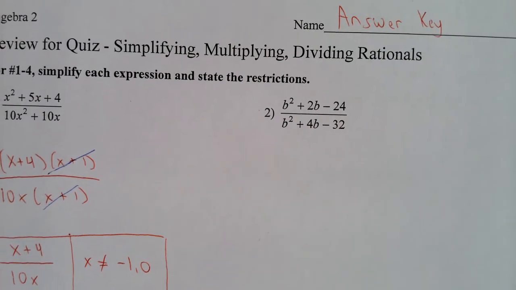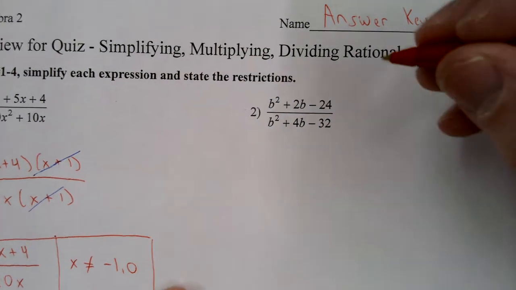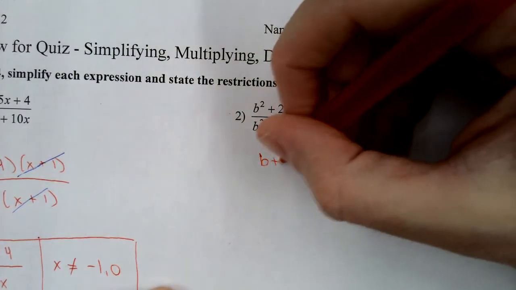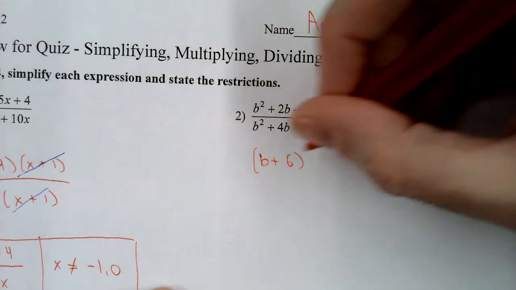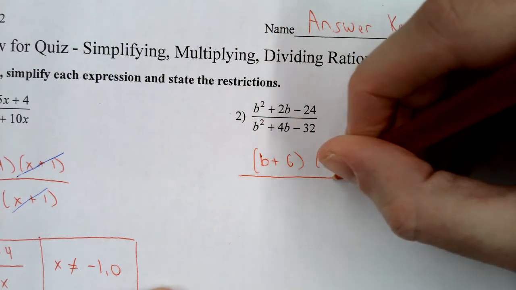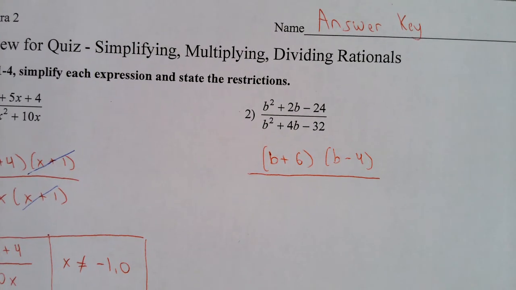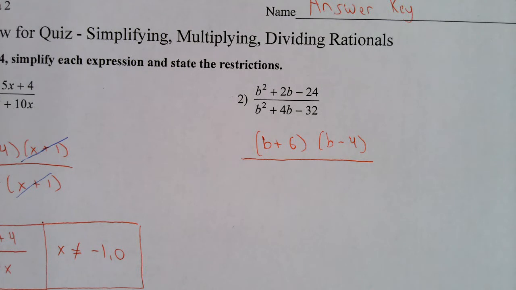Number 2, factor the numerator, find two numbers that multiply to negative 24 and add to 2. So it'll be 6 and negative 4. For the denominator, find two numbers that multiply to negative 32 and add to 4. So it'll be 8 and negative 4.